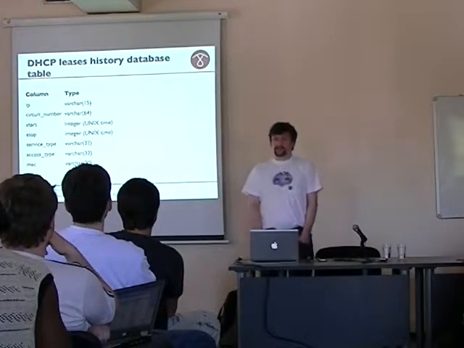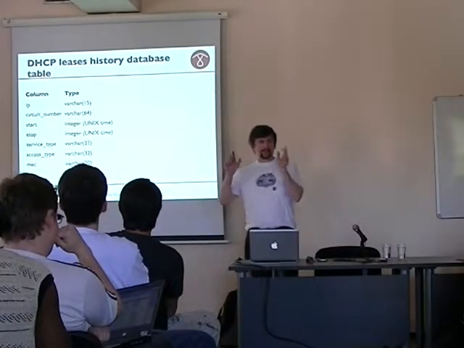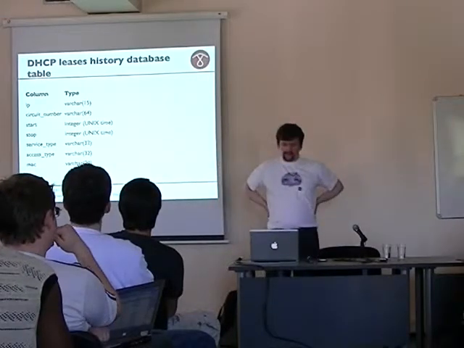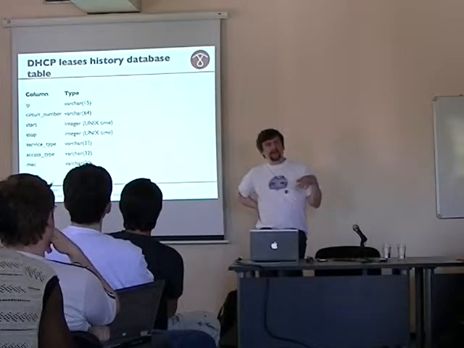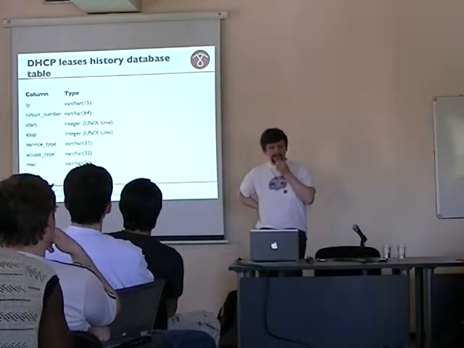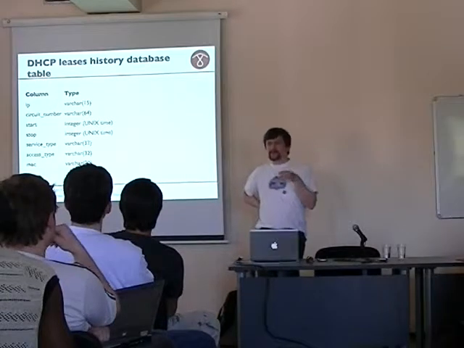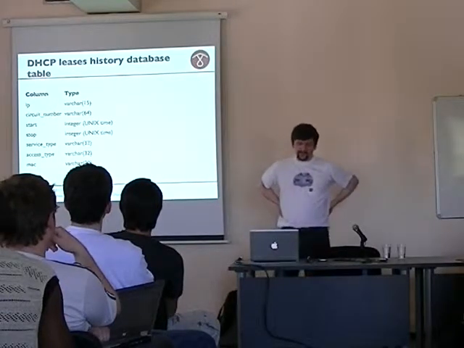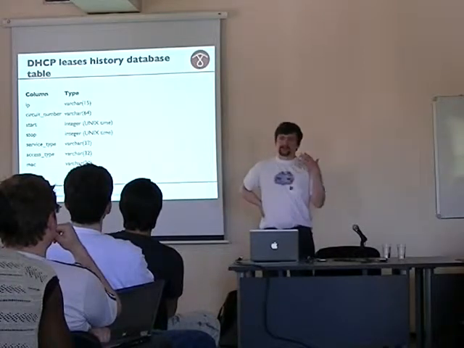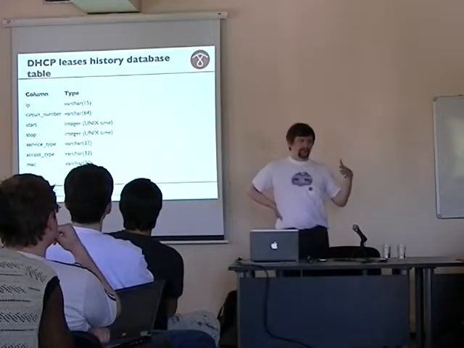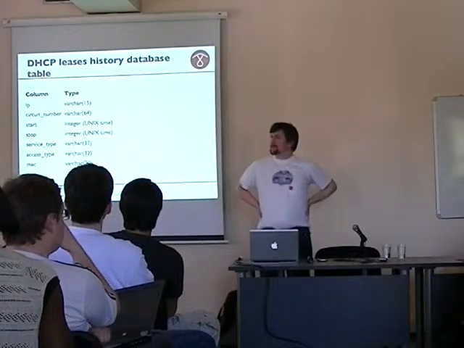Of course, we had to store the IP address and the circuit number, which is sort of a custom identifier of some kind. And then the start time and stop time of a particular lease, the MAC address of the device which got the lease, and a couple of service information fields, because this particular database was indexing, in addition to normal internet customers, also VoIP and Internet TV and stuff like that.